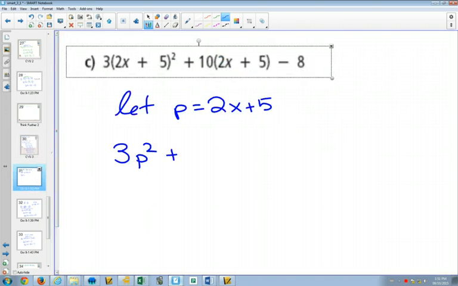So now in part C, we notice that it's 3 times something squared plus 10 times something minus 8. If we let P equal to 2x plus 5, our expression becomes 3p squared plus 10p minus 8.